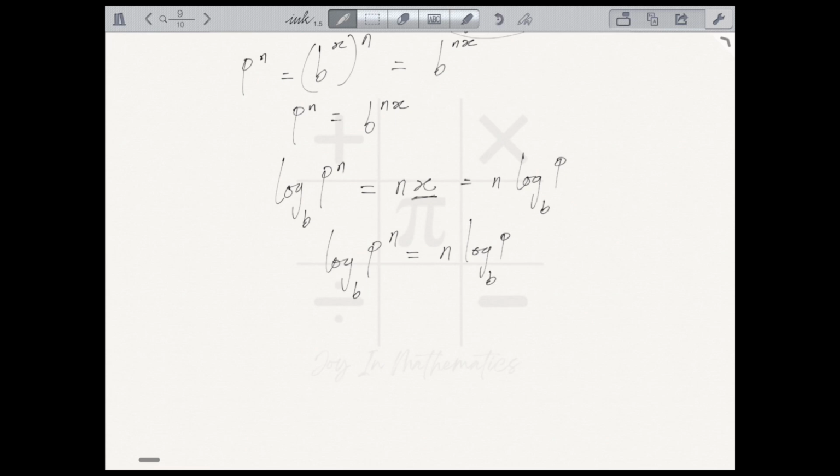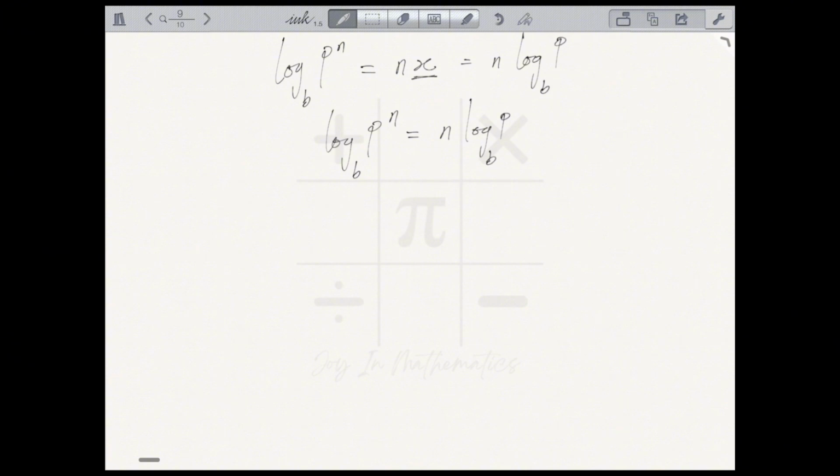Now let's take a few questions on that. Let's begin with a simple one. We are asked to express log 4 to base 3. Now 4 is equal to 2 raised to the power 2, so this results in log of 2 raised to the power 2 to base 3.